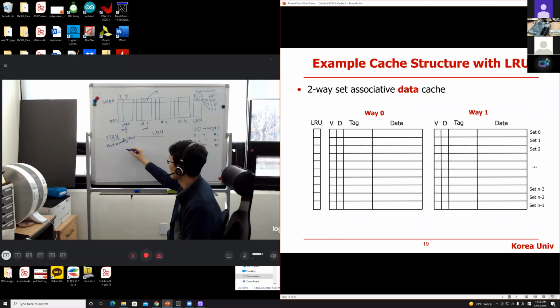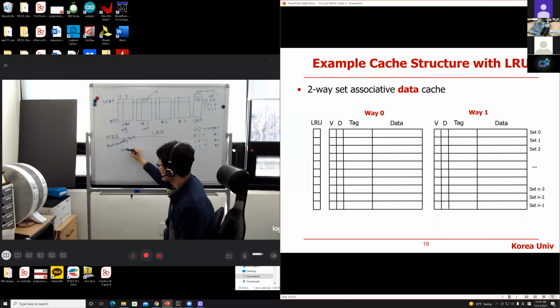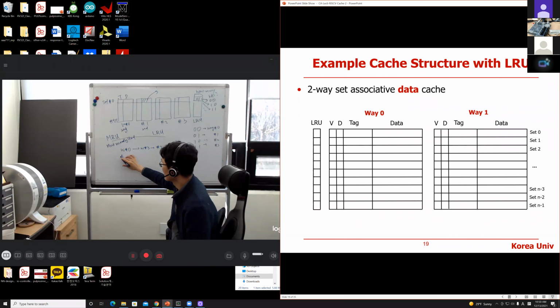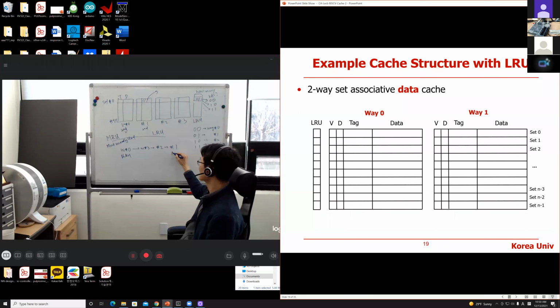Okay, for example, your program accessed way number 0 first, then way number 3, then way number 2, then way number 1. That is the access history. That one is LRU, least recently used, and this one is most recently used.